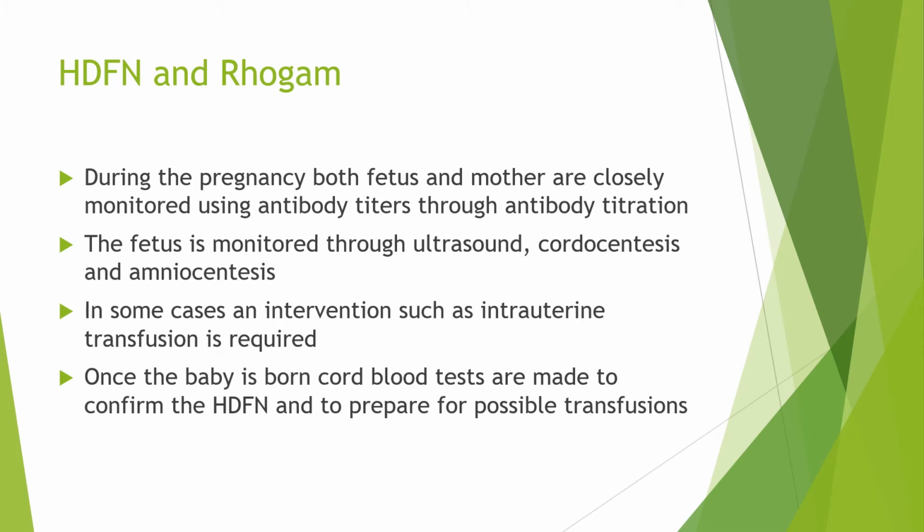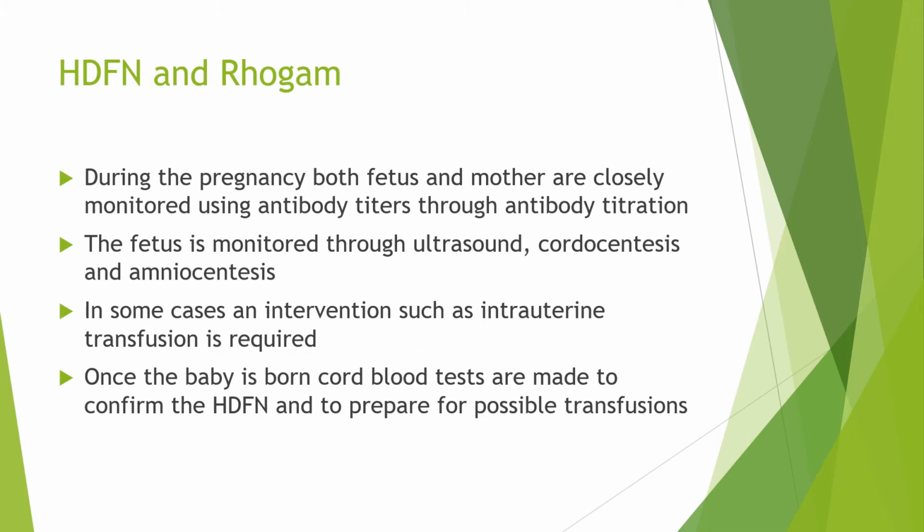So, like I said, during the pregnancy, both mom and fetus will be closely monitored. For the fetus, he or she will be monitored through ultrasound, cordocentesis, and amniocentesis. In some more severe cases, the baby will need an intrauterine transfusion.